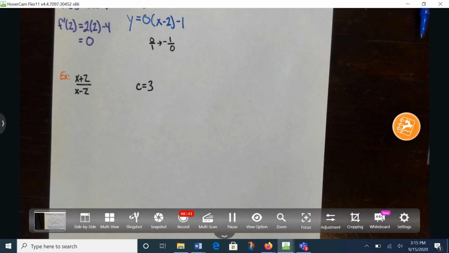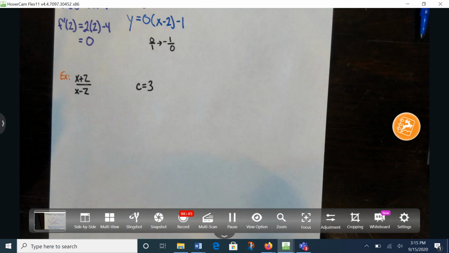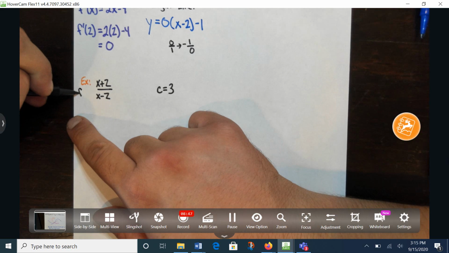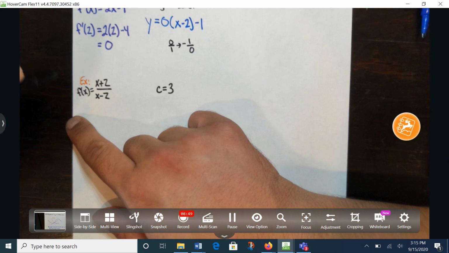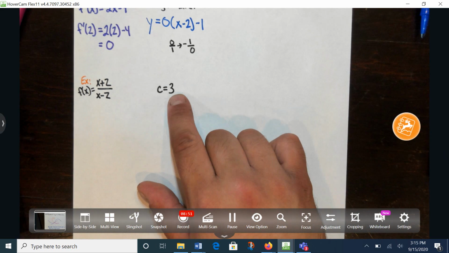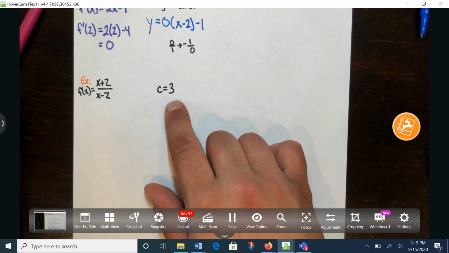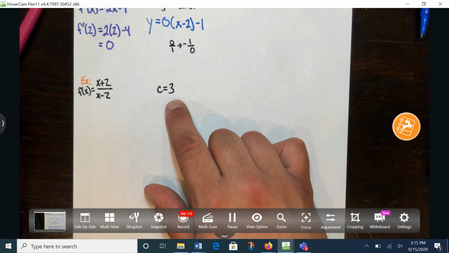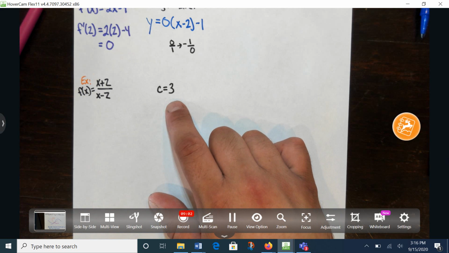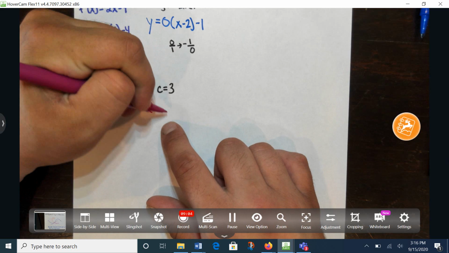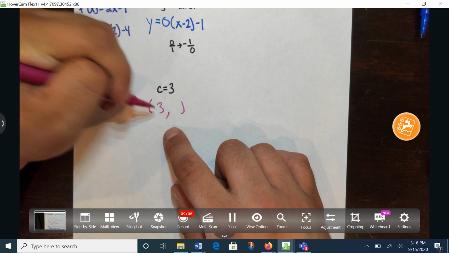And now we have f of x equals x plus 2 divided by x minus 2, and I forgot to write f of x. Our point of interest is c equals 3. So our x value is 3. So first let's find our point of reference. It's going to be 3 comma something.